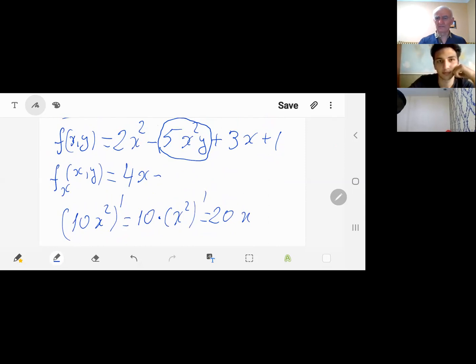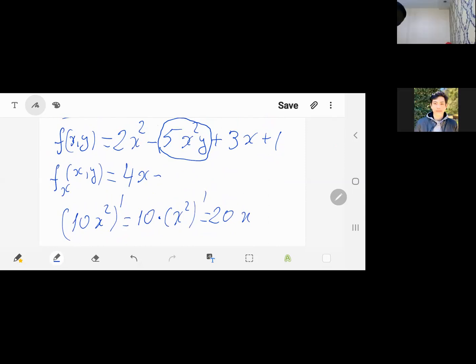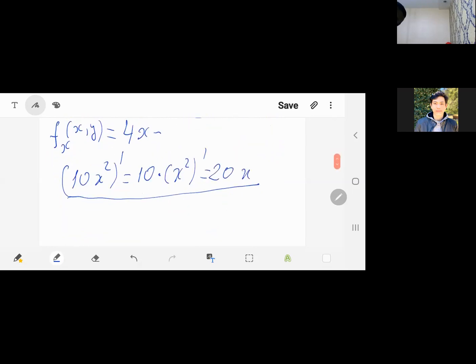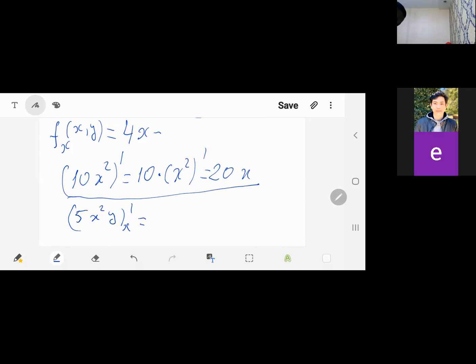Got it, Muhammad? Are you here? Yes, I'm here. Is it clear for you, Muhammad, how we got this derivative? Yes. Okay, very good. Look now. Now we have 5x squared y derivative. When we need to find derivative respect x, 5 times y is constant.